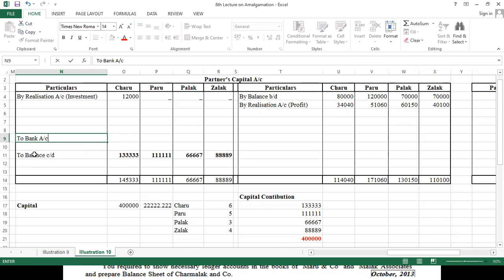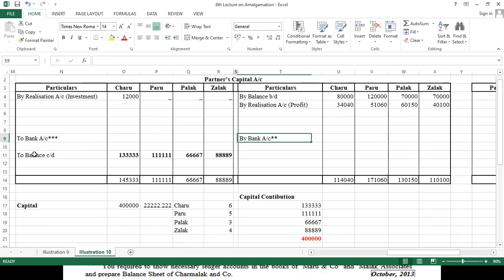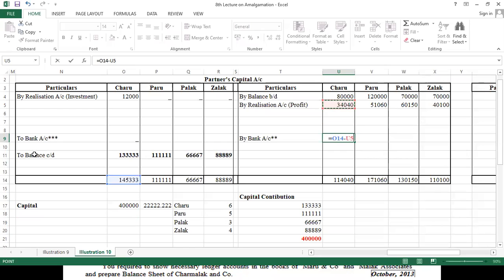So bank account, star mark, then here by bank account, star mark. Look, the debit side is heavy. So what we will do is write here the total minus this thing, minus 80,000. So we got 31 lakh 239. This side is heavy.